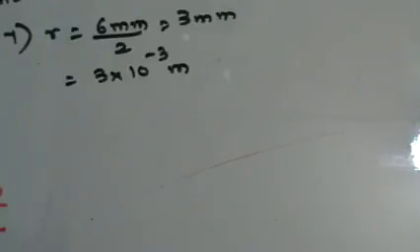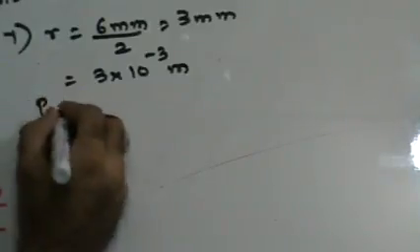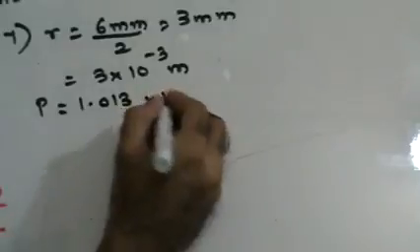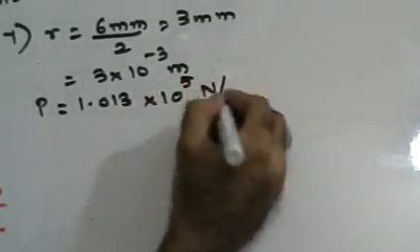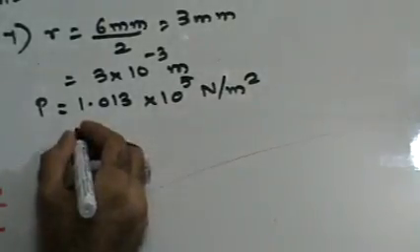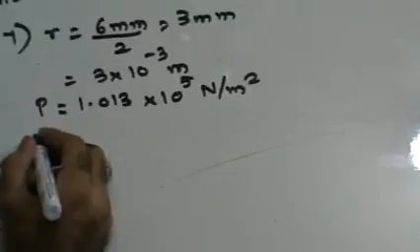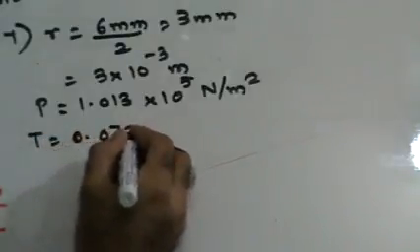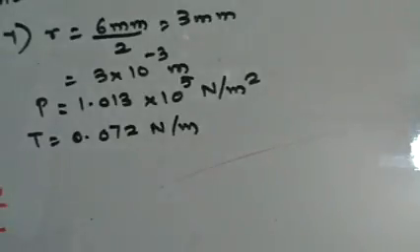Calculate the pressure inside the drop, if the atmospheric pressure is 1.013 into 10 raised to 5 newtons per meter square, and the surface tension of water is 0.072 newtons per meter.